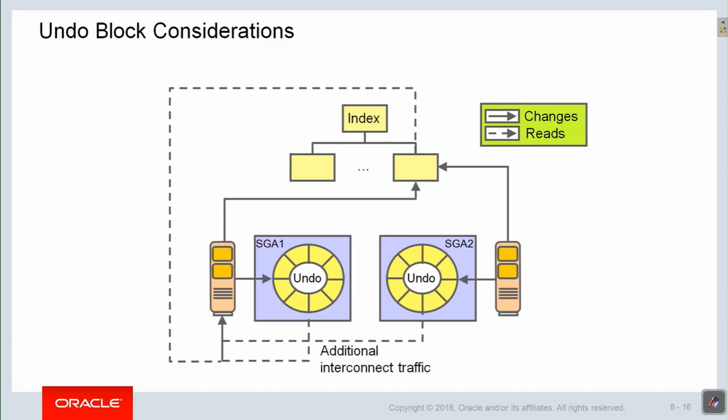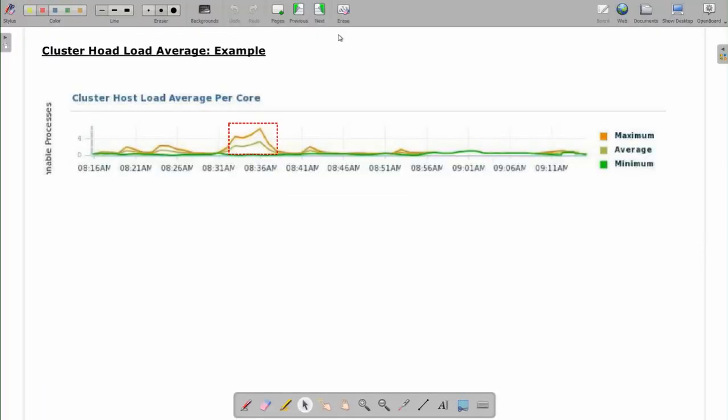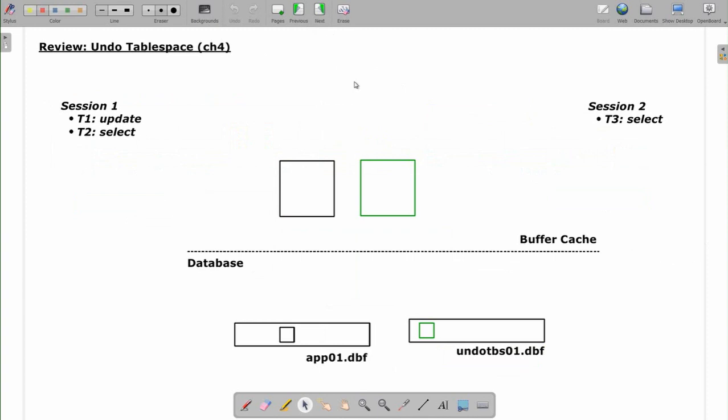Another example is undo block considerations. So let's take a look at one review topic, the discussion of undo tablespace. If you remember, it was in lesson 4. In lesson 4, we had this discussion.